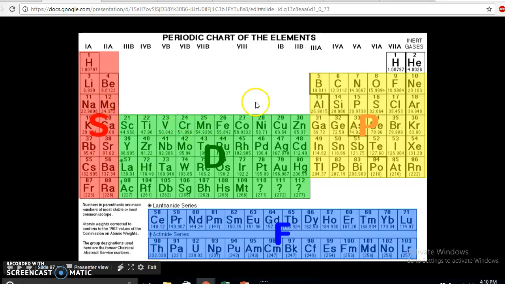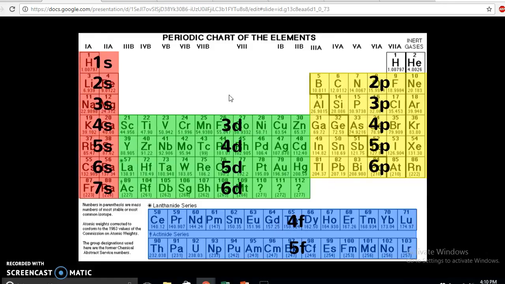The way I have it marked here on the periodic table shows the sections of the periodic table that first occupy that orbital. These orbitals have subsections as well. So there's a 1s orbital, a 2s, 3s, all the way down to 7, 2p, 3p, all the way down to 6, and likewise for the d and f orbitals.